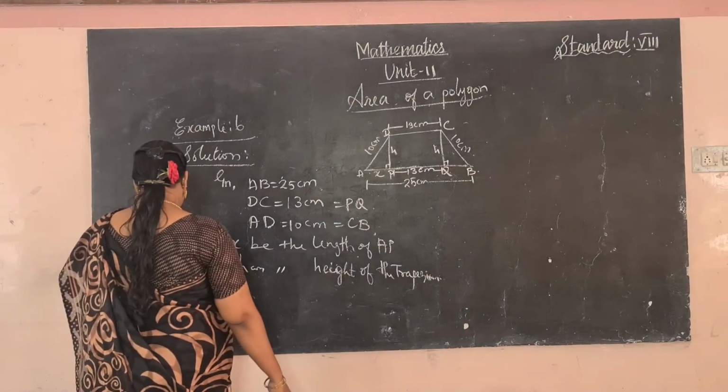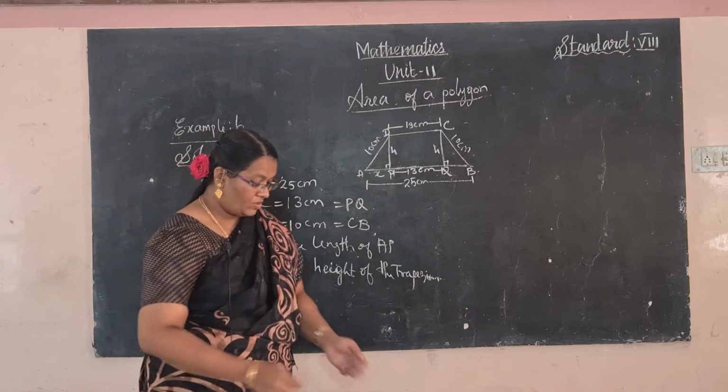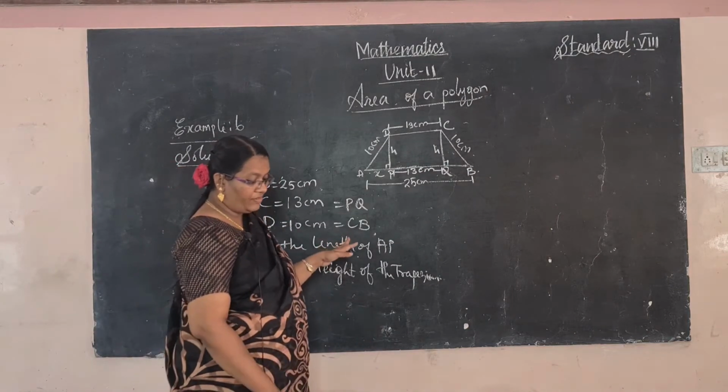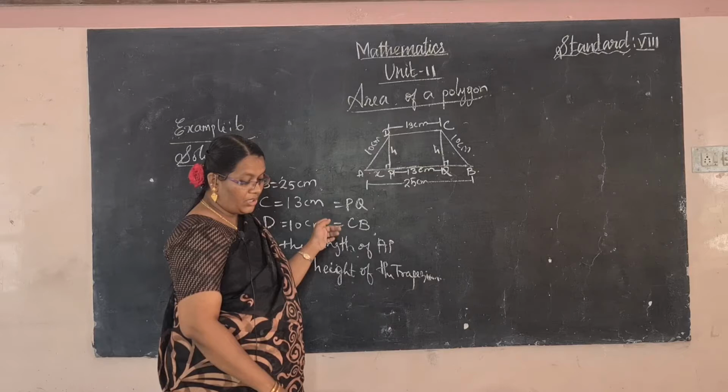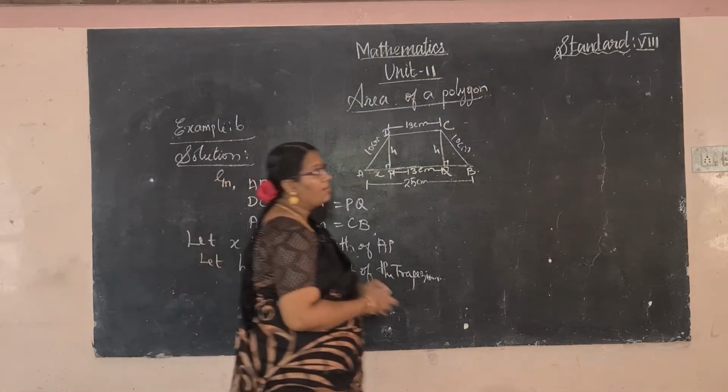And then what do we find out? Find the area of the trapezium. What is the formula for the area of the trapezium?